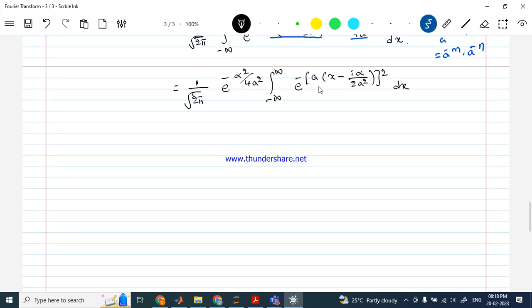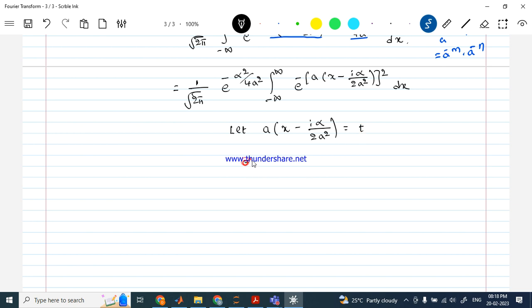For that, I will call this expression some t. Let us assume a into x minus i alpha by 2a square. Let me call this one as some t.